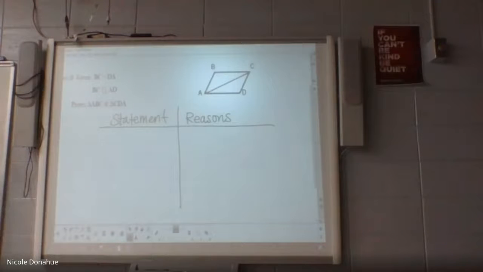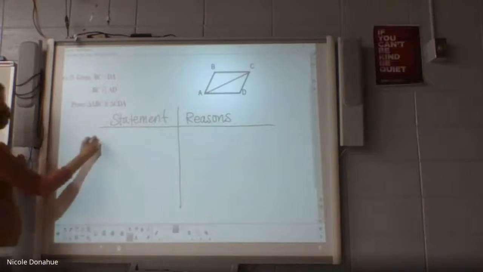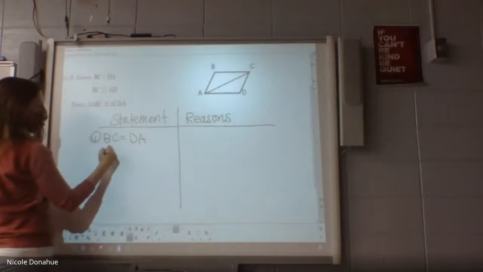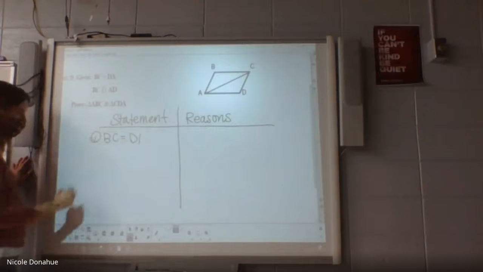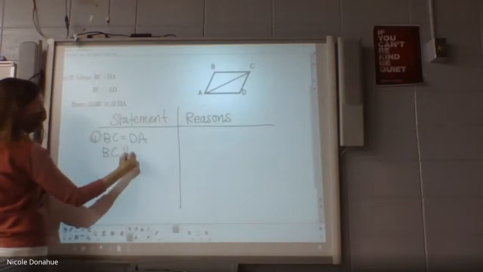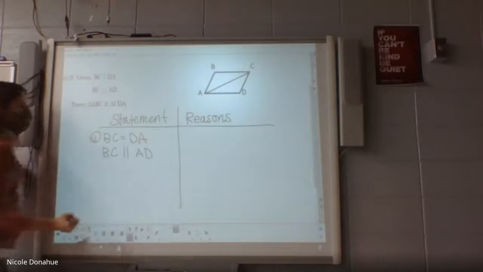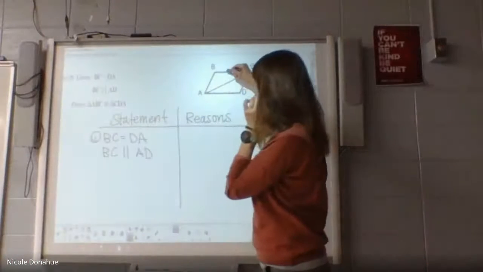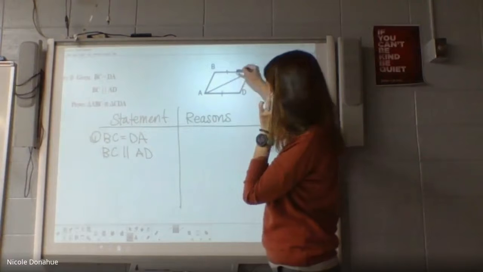Start with the given statement. You always have to do that anyway, so I'm going to write that down. Again, they don't need any reason for the given statement. It's just given to us. That's just the little parallel lines. So BC equals AD, or DA, whatever.